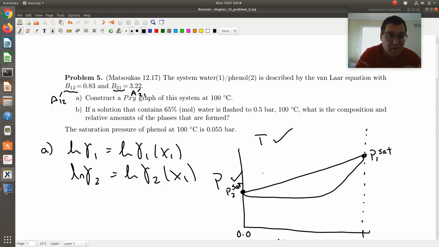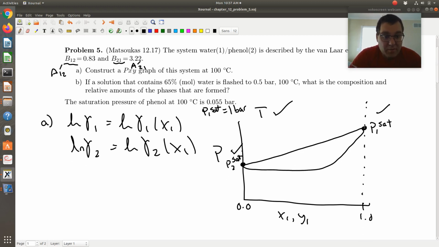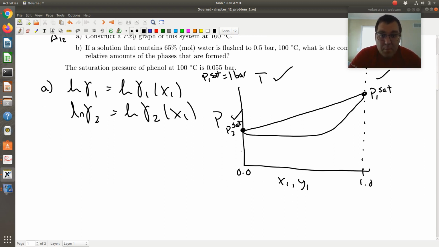P1 sat we're not given, but we know that at 1 bar, water boils at 100 degrees C. So at 100 degrees C, the temperature of interest, P1 sat is equal to 1 bar, approximately. 1 atm is 1.01325 bars. So we have our vapor pressures, we have T, life is good. How do I go about constructing a Pxy?